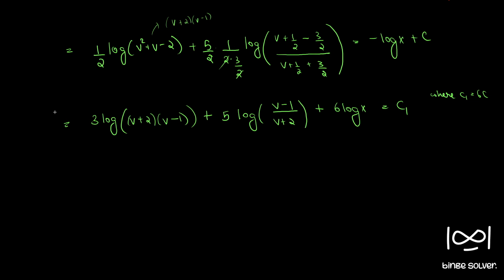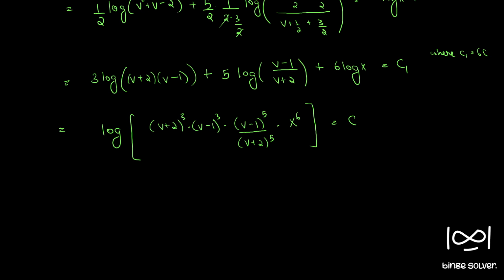So we have this. Now, combining using the logarithm property, we have log of (v plus 2) raised to 3 into (v minus 1) raised to 3, and taking 5 inside, (v minus 1) raised to 5 by (v plus 2) raised to 5, into x raised to 6, equal to c1.